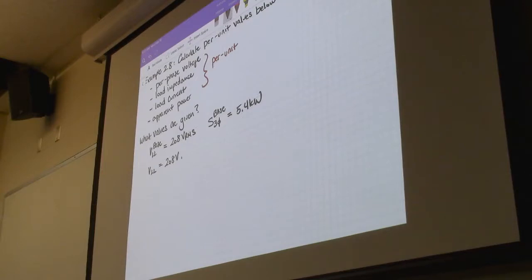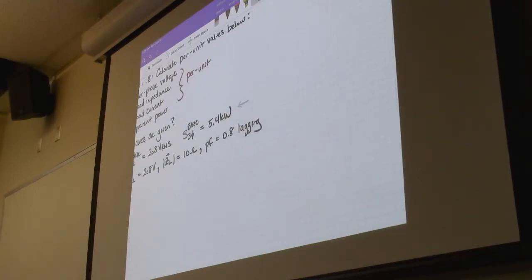It tells us that the, right, those are all from that previous example.